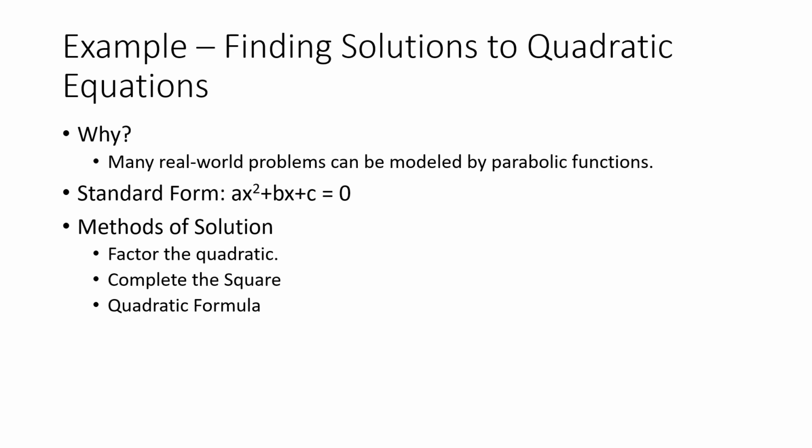One method is factoring the quadratic, and for those that have taken Algebra 1 or are currently in it, you have at least been exposed to some of these methods as early as Algebra 1, so you may remember factoring. Yes, factoring is a method of solution to obtain the zeros of your quadratic.